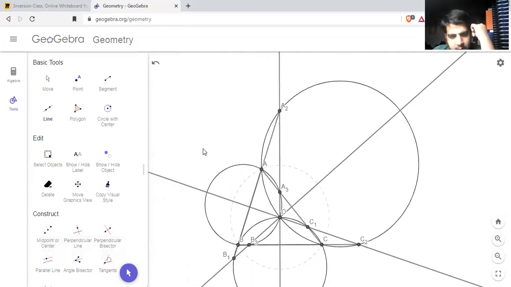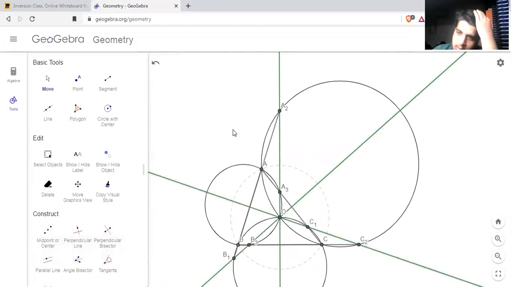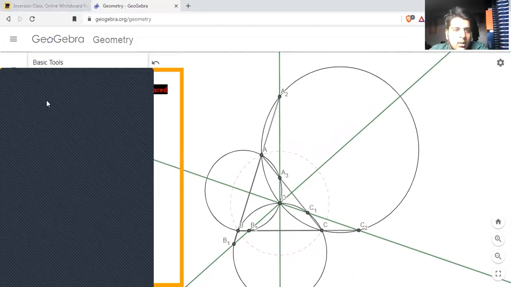So this basically spoils the problem. You can see that all these three lines are concurrent at O. And now I was talking about circumcircle inversion, so you know that we have to invert about the circumcircle. So let's do that and see how things work. I'll insert this.